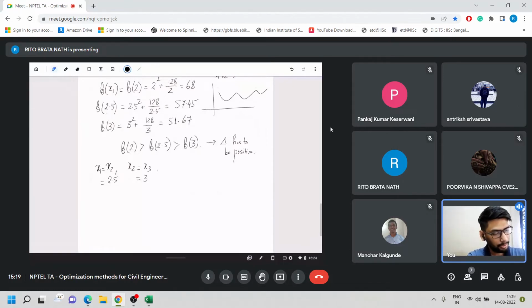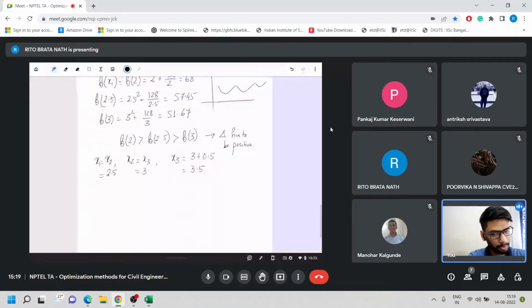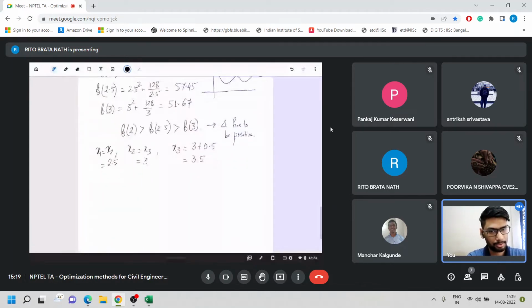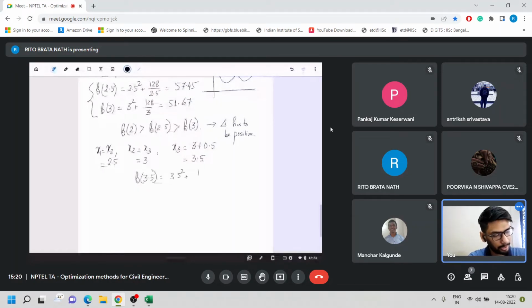You have already evaluated your function values at 2.5 and 3. So now you will get f(3.5). So this is 3.5 squared plus 128 divided by 3.5. So 128 divided by 3.5, that's 48.82.